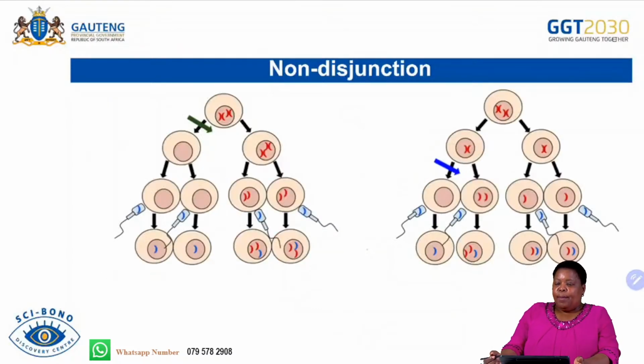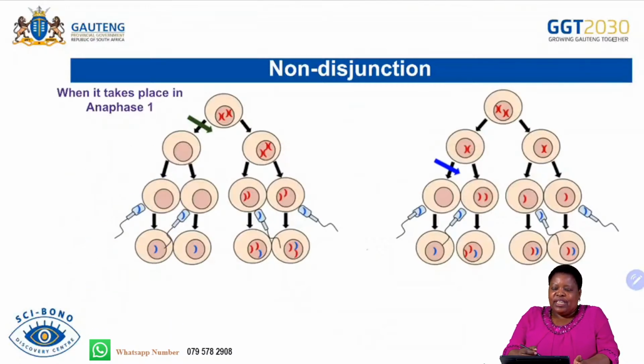I'm going to further explain non-disjunction. Don't forget, in your mind, immediately when you talk about non-disjunction, we're talking about the non-separation of the chromosome. Let us check this one.